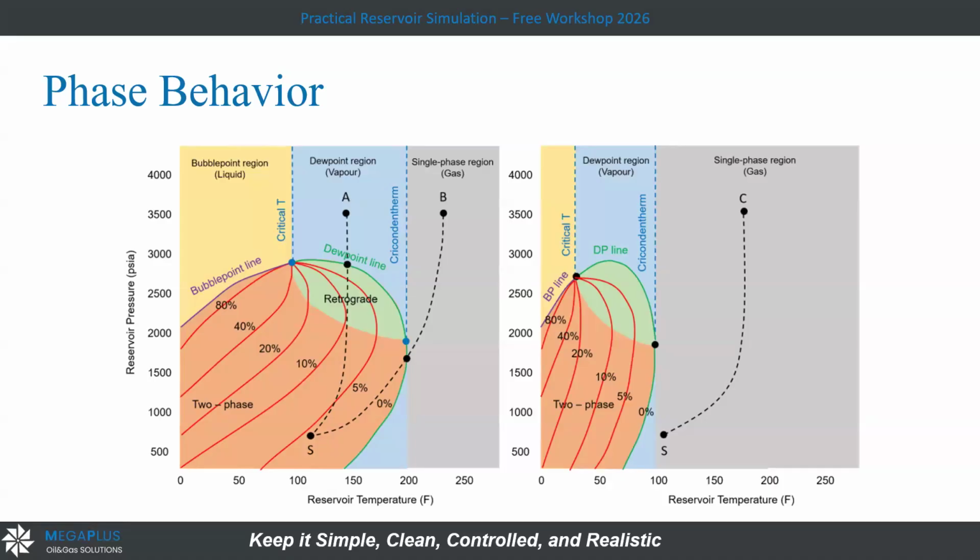With pressure depletion of the reservoir, when the pressure goes below 3500, starting from this critical point, the separation will happen, and I will have two phases separately: liquid as condensate and gas as a gas phase. Okay, now it's clear.